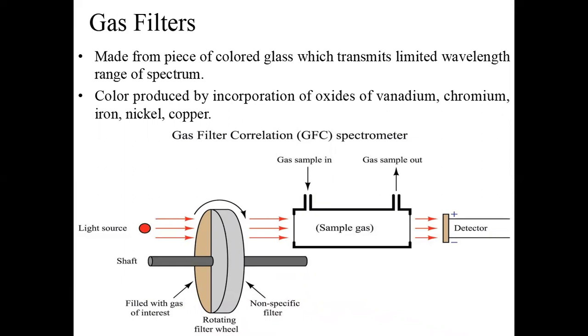There are two holes, one is used as the input for the sample gas, and the other hole is used as the gas sample output. And at the end, the remaining light moves towards the detector which detects the spectra.